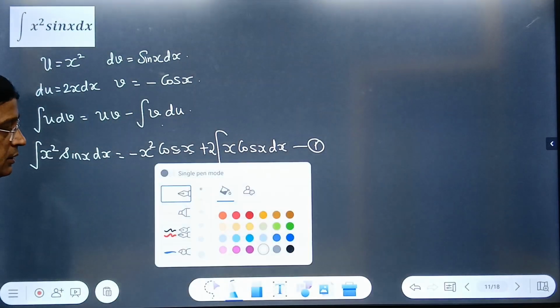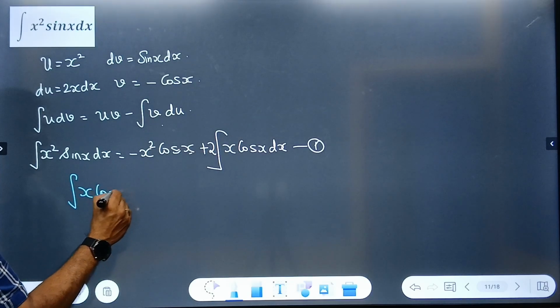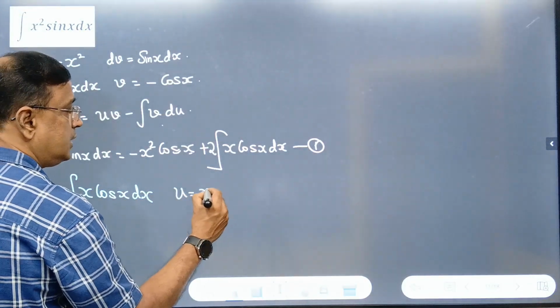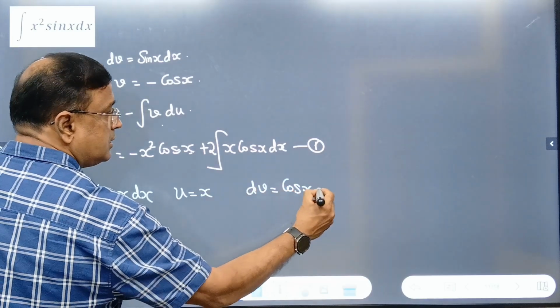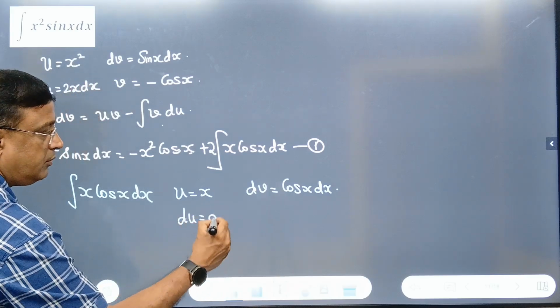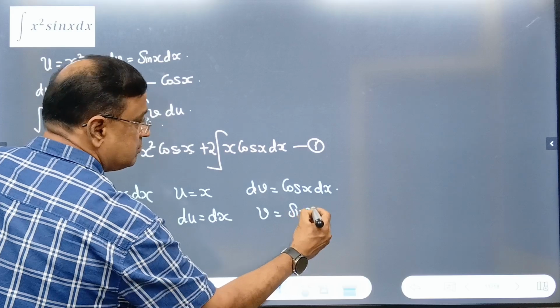Now what do you do? You consider this integral x cos x dx and do integration by parts. So what is u? u is x and dv is cos x dx. What is du? du is dx and v is sin x.